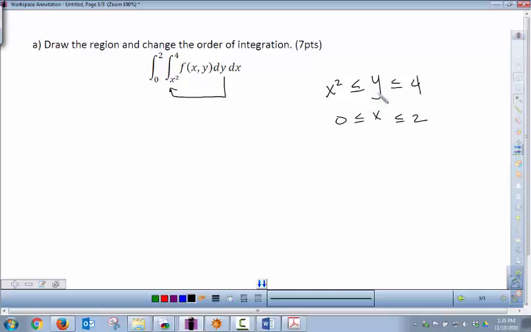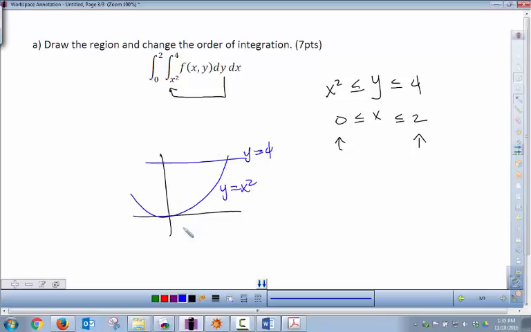Now, there are 4 equations here that I'm looking at. I'm looking at 2 equations, and I'm marking it with my constant limits. So I would look at the x squared function, y equal to x squared, and then y equal to 4 is a horizontal line. When you check where your line goes in and out, I would draw it vertically, and this is what I'm seeing.